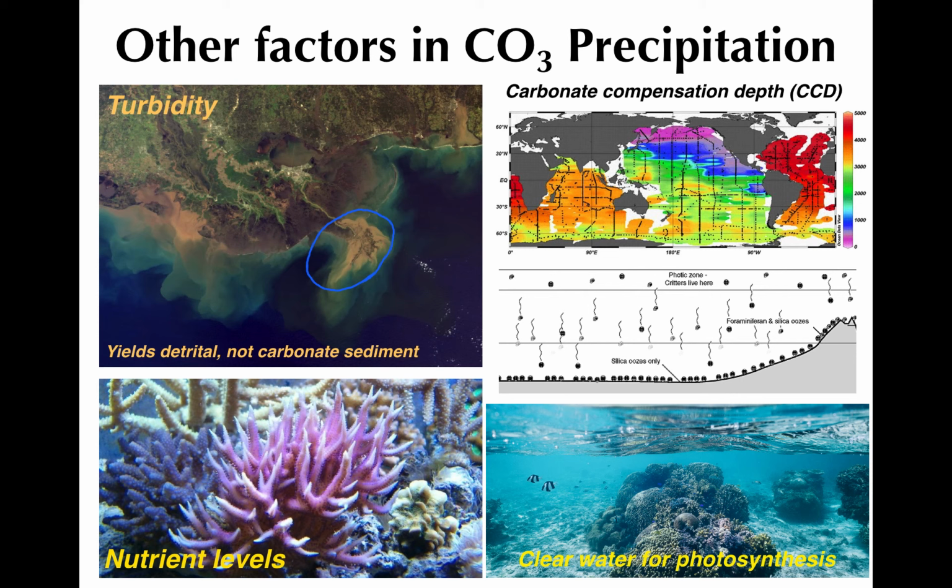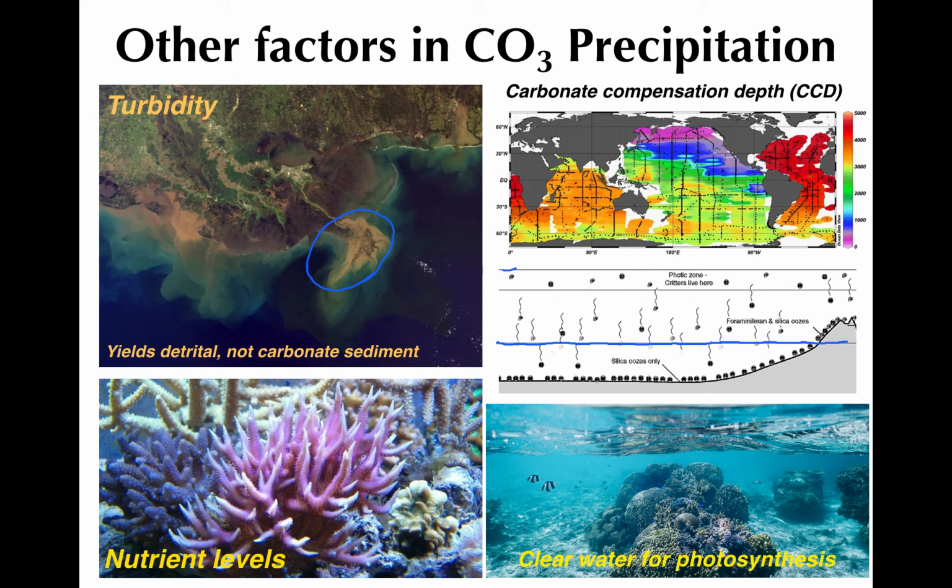Finally, depth is important because greater depths have greater pressures and thus higher CO2 levels. The carbonate compensation depth, or CCD, is the depth in the ocean below which all carbonate dissolves completely.